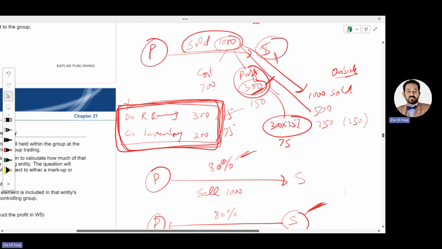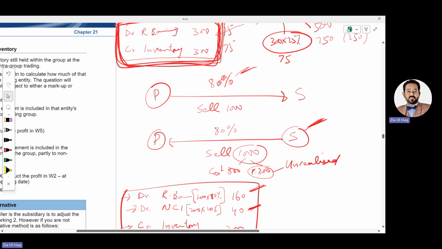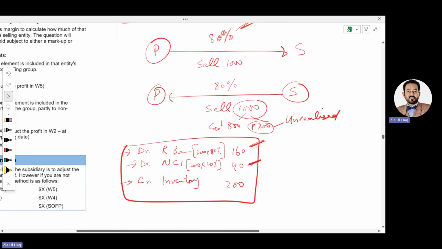If parent company sold the goods to subsidiary, profit is included in parent company, and all the profit is there. So we will record this entry. There will be no non-controlling interest because the profit is recorded in parent company. But if subsidiary sold goods to parent company, then profit is recorded in subsidiary, and all of the subsidiary's profit is not relating to parent company.